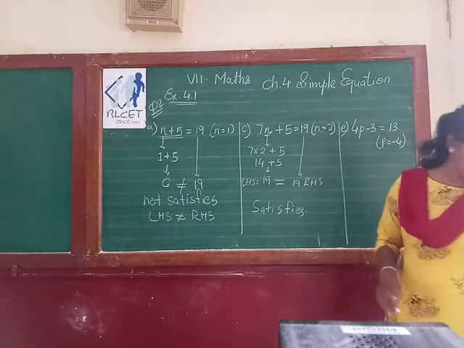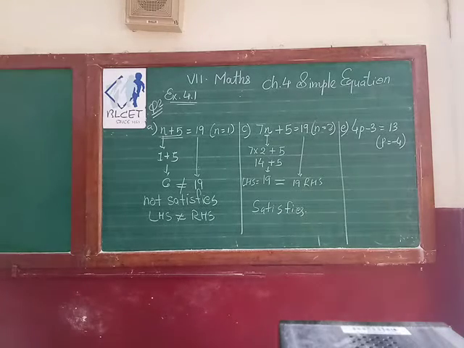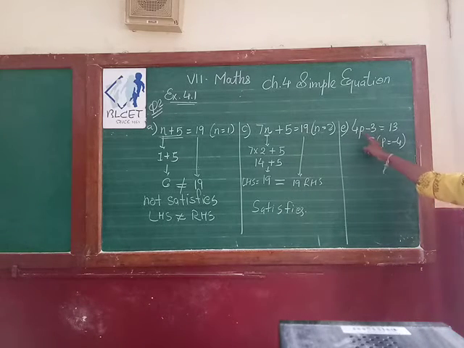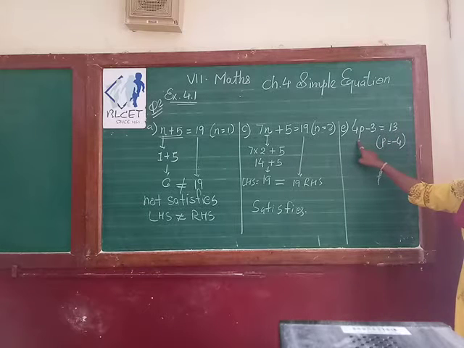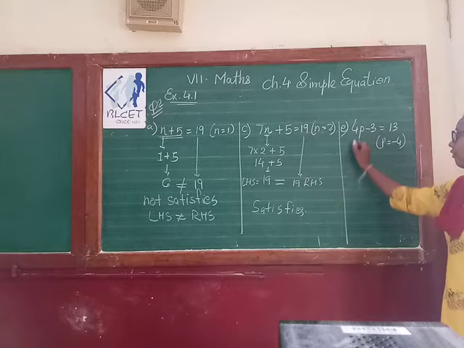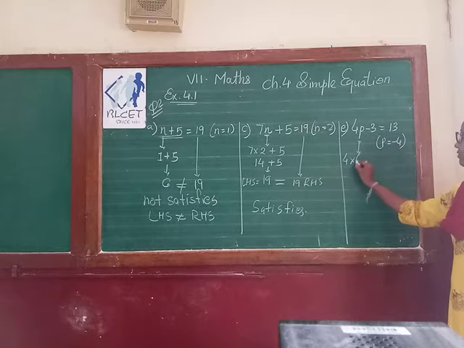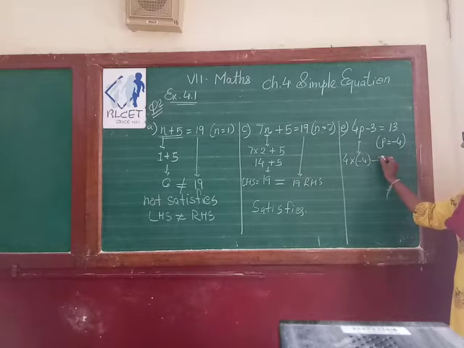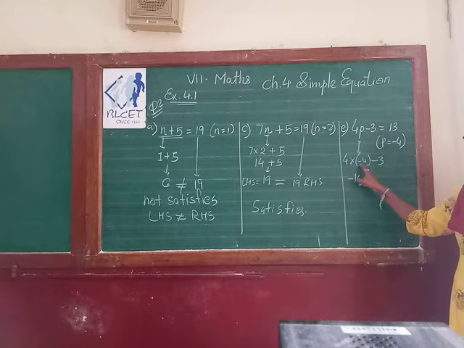Okay. Now move on to the next question. 4p minus 3 is equal to 13. Here in place of p we have to write minus 4. So 4 remains as it is, multiplied by minus 4, minus 3. 4 fours are minus 16, since one term is negative.